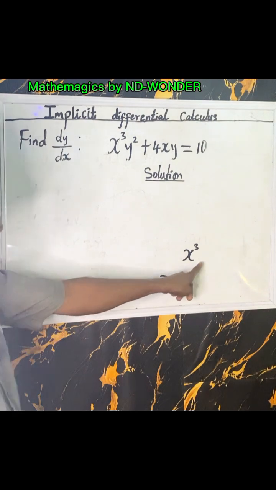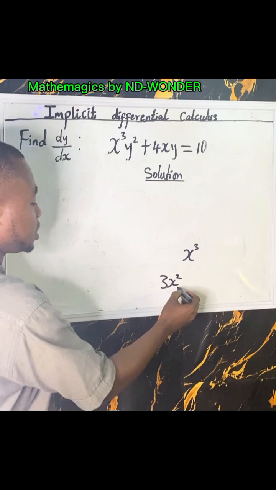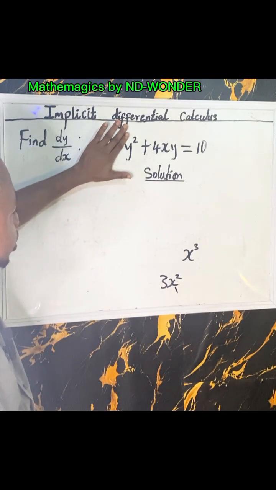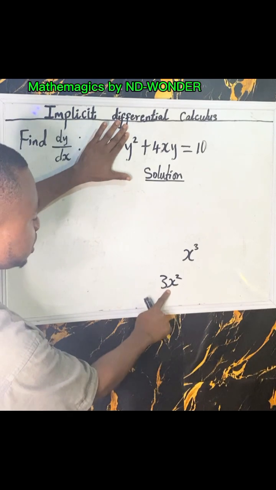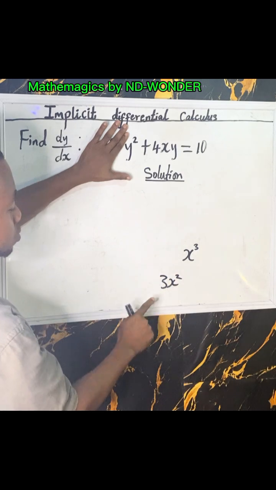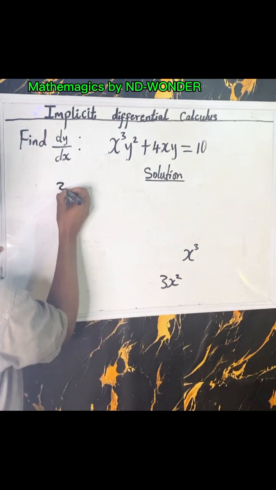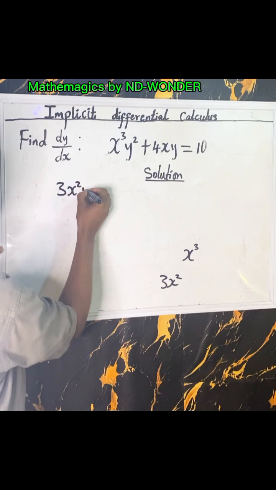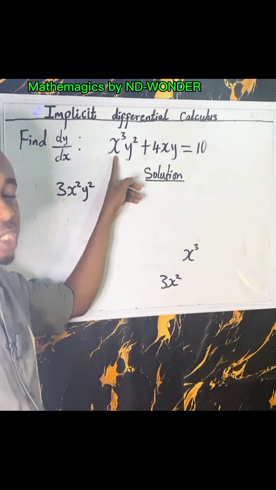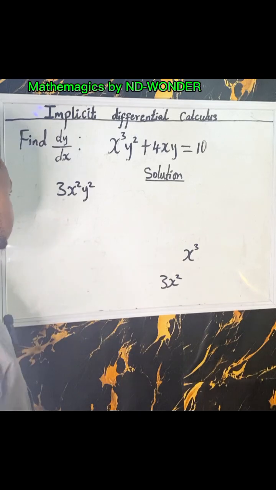So when x cubed is differentiated, we get 3x squared. Anywhere you have x in this context, you can cover it. Then use the differentiated value to multiply the remaining value you have here. What we have becomes 3x squared times y squared. Then we get 3x squared y squared. That is how x cubed is differentiated.